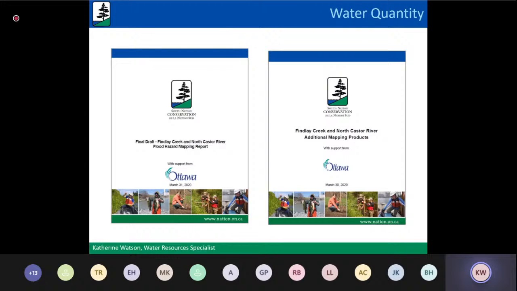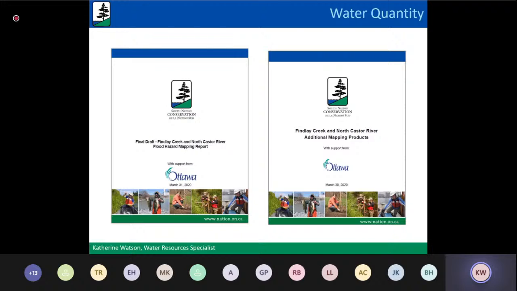So great timing there. So there's a series of reports around hazard lands and erosion or erosive soils within the North Castor. Our 100-year regulated floodplain has been updated.